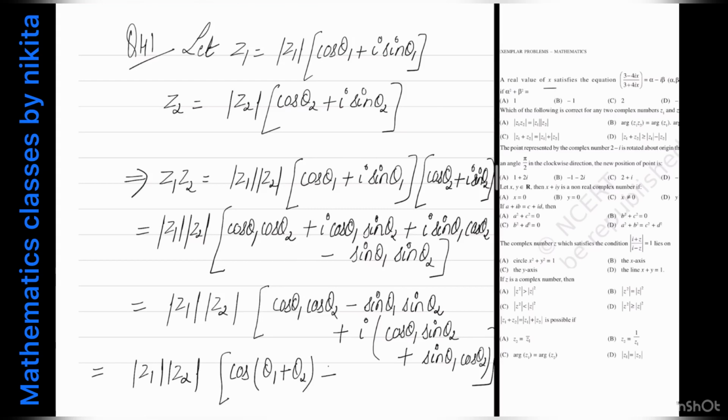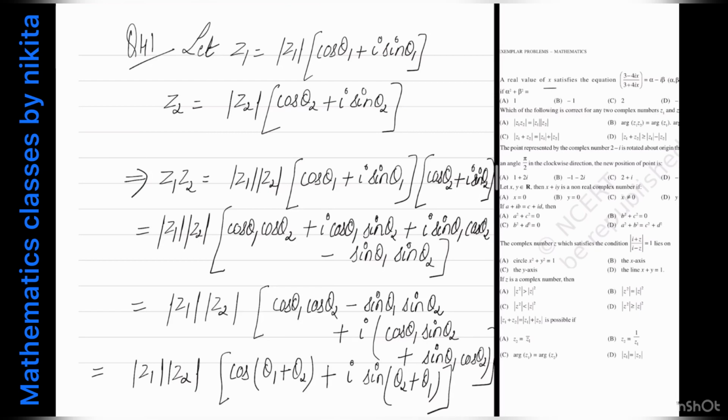Okay, then plus iota. So you have sin A cos B plus sin B cos A. So this is equal to sin of theta 2 plus theta 1, और you can say theta 1 plus theta 2. ठीक है, ये फॉर्मूला बन के आ रहा है.